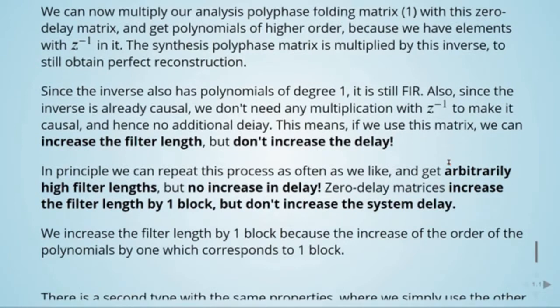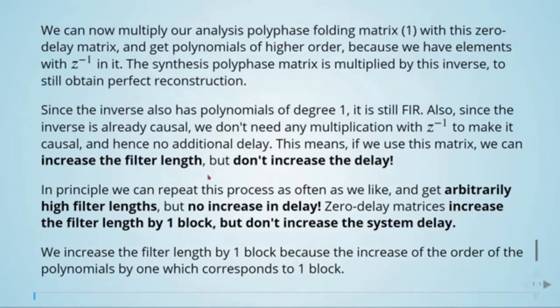Since the inverse also has polynomials of degree 1, it is still FIR. Also, since the inverse is already causal, we don't need any multiplication with z to the power of minus 1 to make it causal, and hence no additional delay. This means if we use this matrix, we can increase the filter length but don't increase the delay.